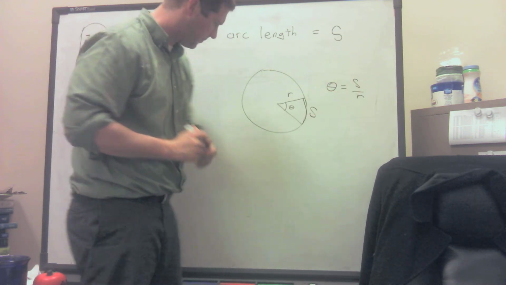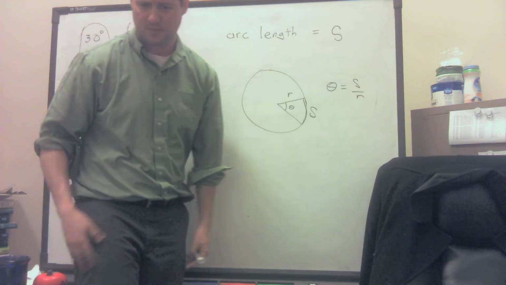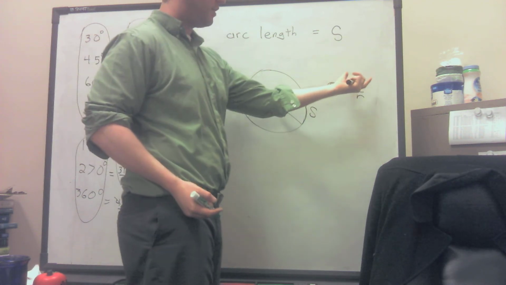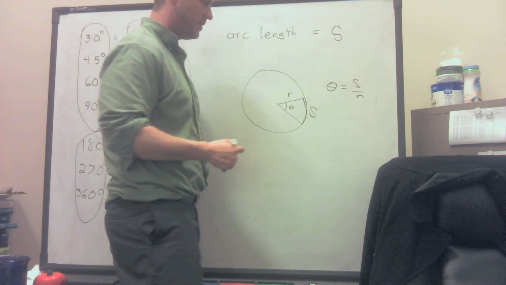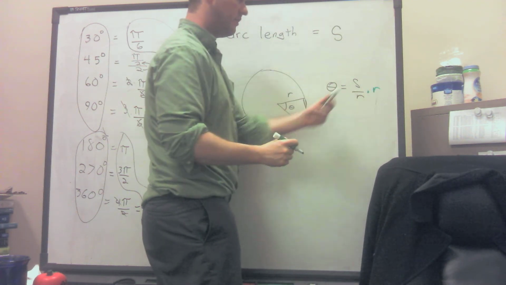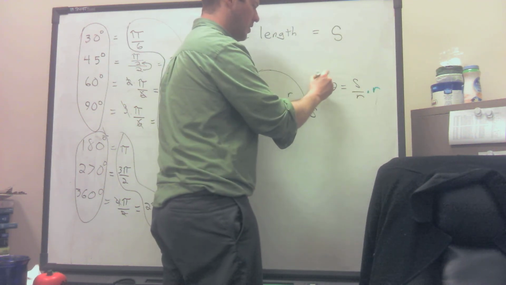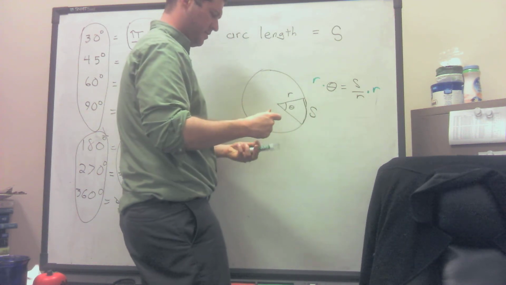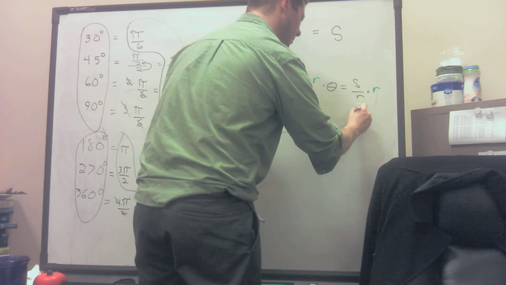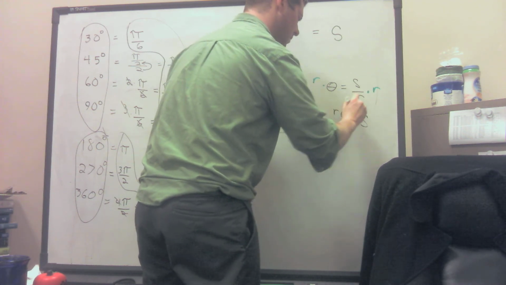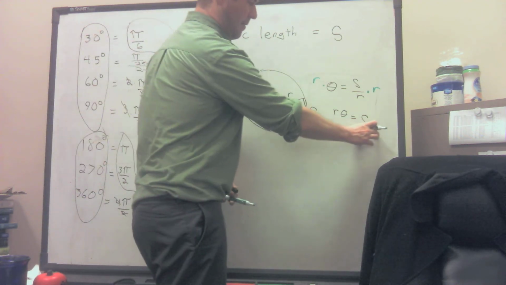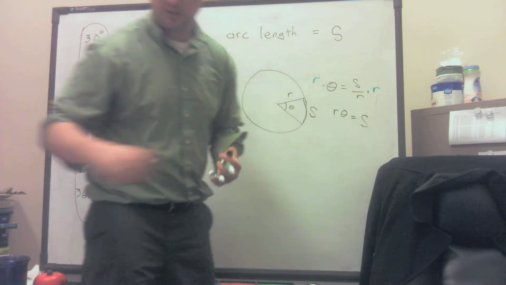That's easy enough to do. So if I wanted to find the angle and I knew the arc length and the radius, I could do this calculation. But again, if I wanted to solve it for arc length, I could do that. I multiply by my radius, and that would give me this, solved for my arc length. So now I can find my arc length given my radius and my angle.